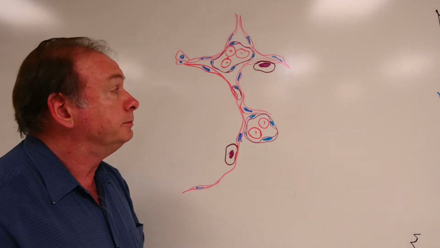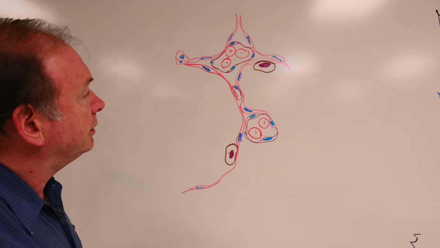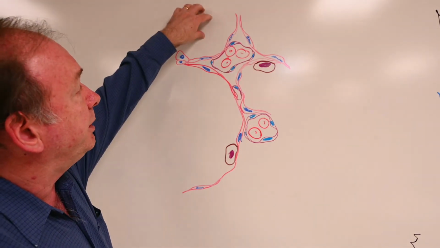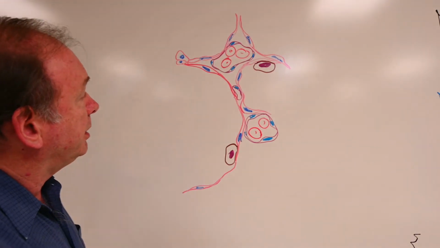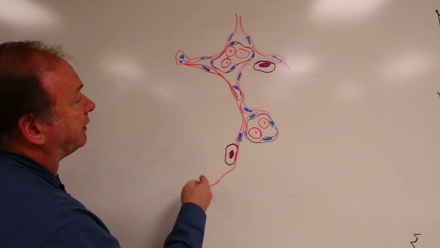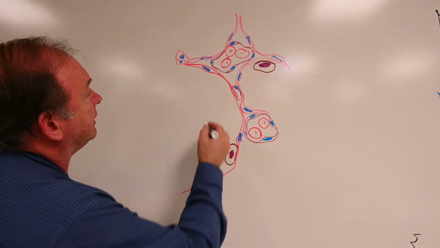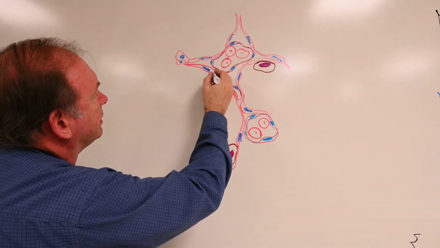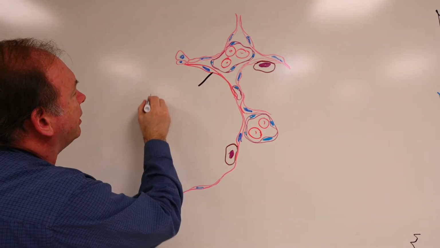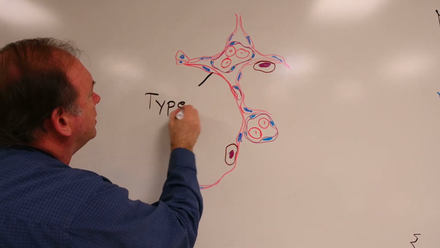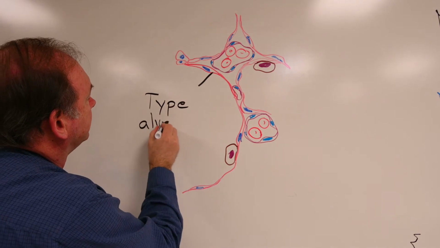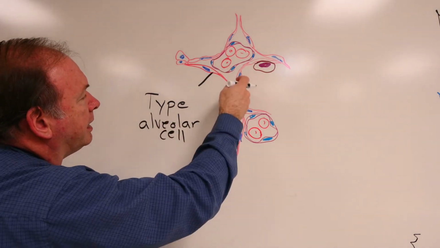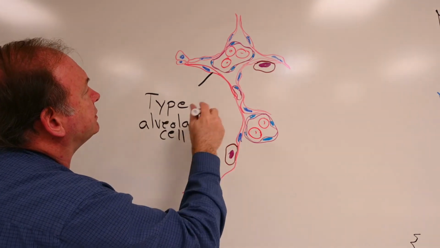In this picture, we see the alveolar spaces of the lung. This is an alveolar space, here's an alveolar space, there'd be a space here, and a space up here. These cells that are found along the wall of the alveolus are flattened cells that lie next to the capillaries, that we're going to look at in a minute. This is what we call a type 1 alveolar cell. They line most of the alveolar space.